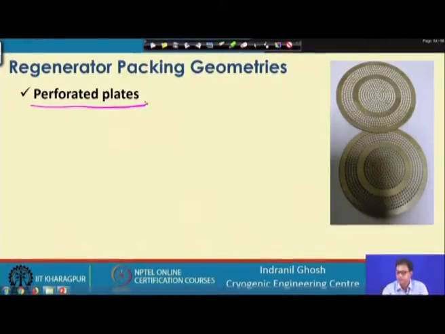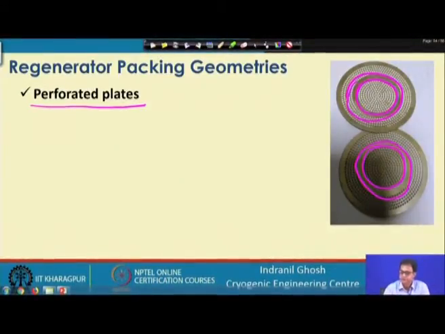Actually, these are some perforated plates, but in the case of a regenerator, we will have only this much. These perforated plates are meant for two-fluid-stream heat exchangers, but if we remove this outer section, this can also be used as a regenerator with appropriate spacers in between the plates.